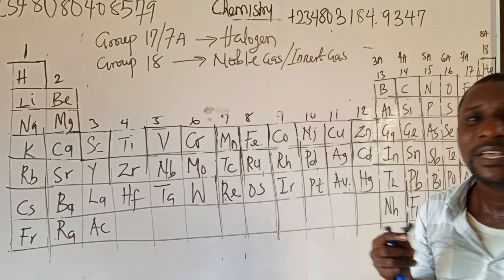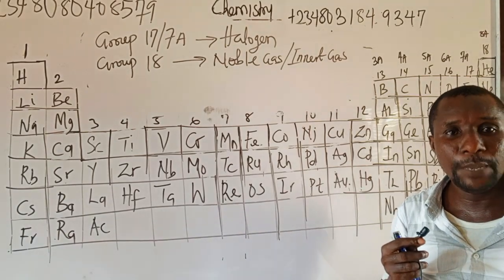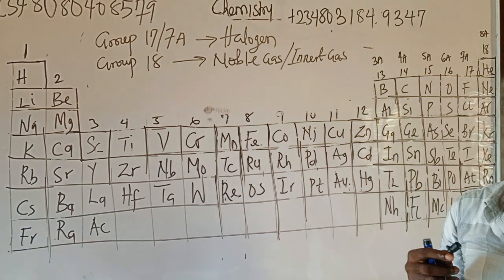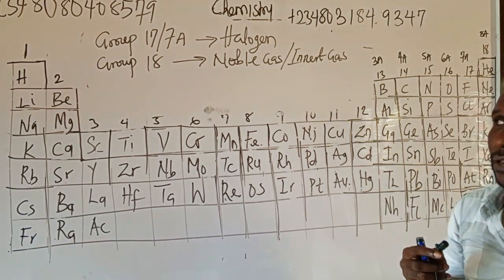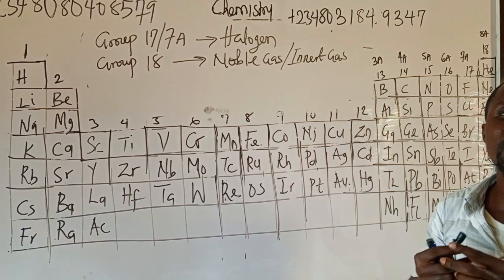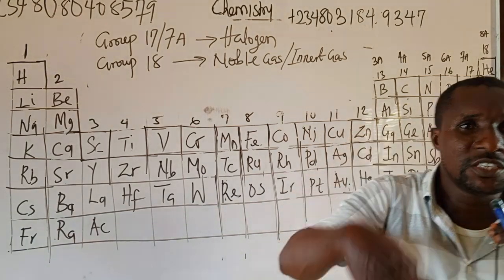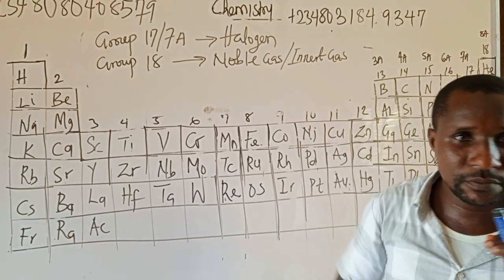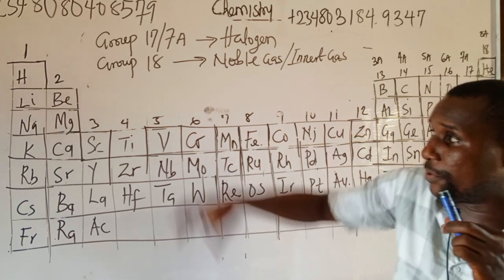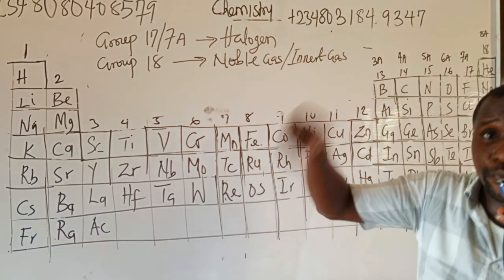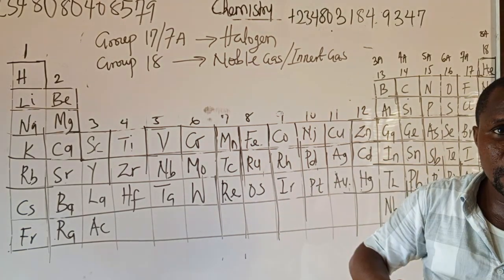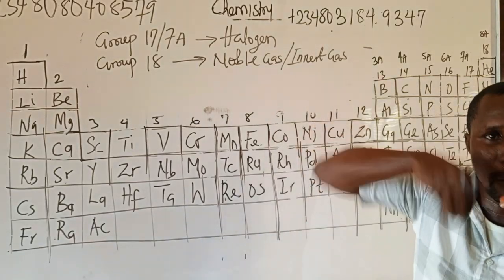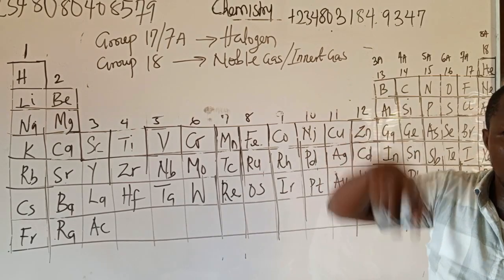Then we have what we call typical elements. Typical elements are elements in period 3 that show the real property of their own group.